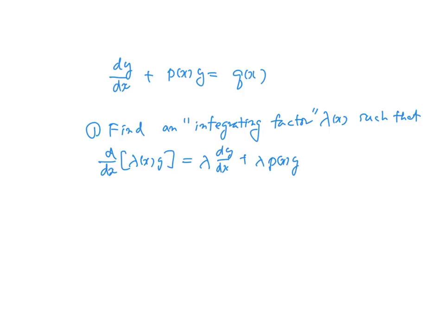And actually the solution is this: d ln lambda(x)/dx is p(x). Then solve the following.